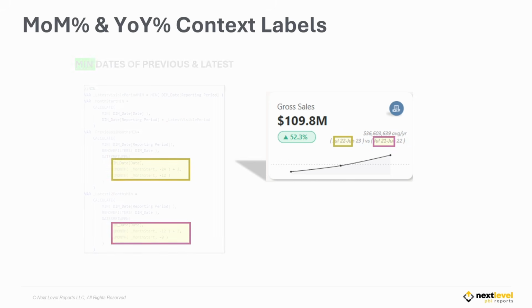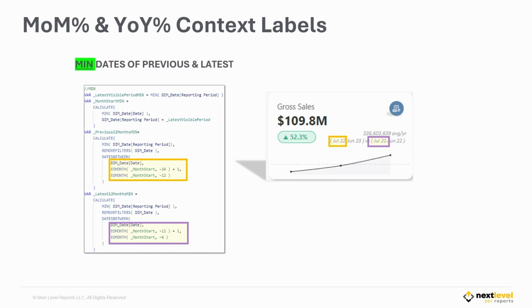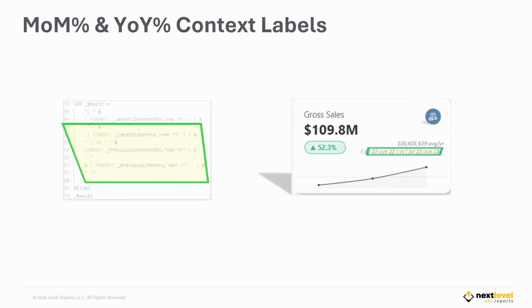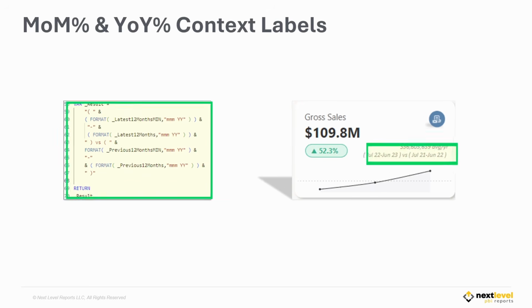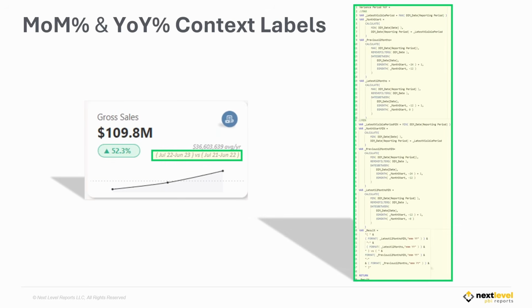After that, we would just need to grab the min dates of those same periods of time. Once we have those 4 dates, we can string them all together into a nice looking context label that looks like this. And here's what that context label measure looks like.